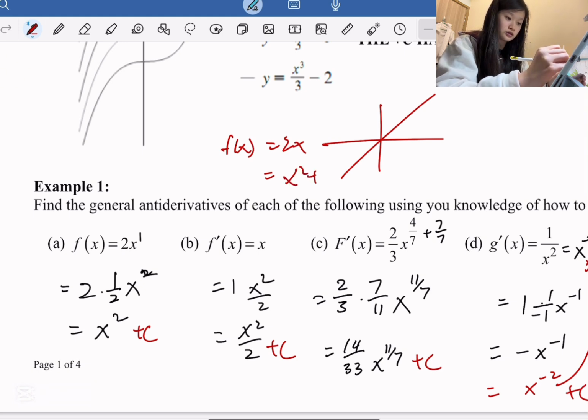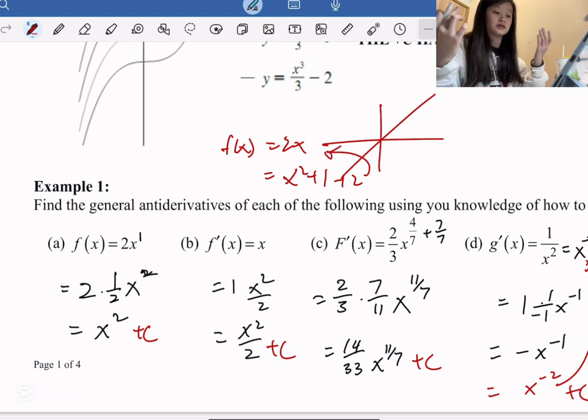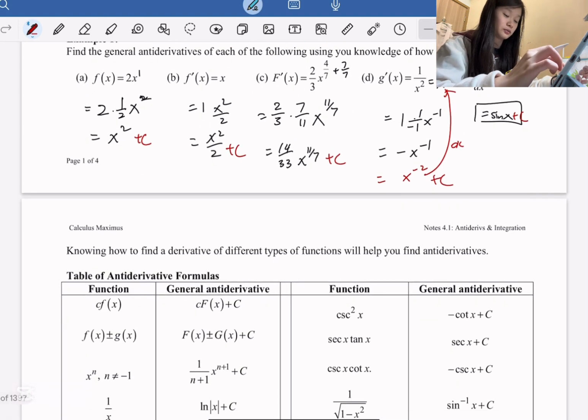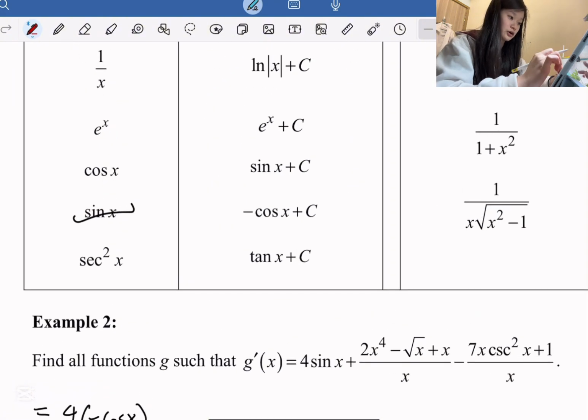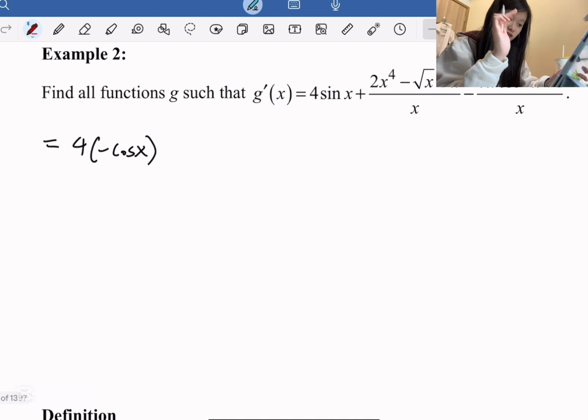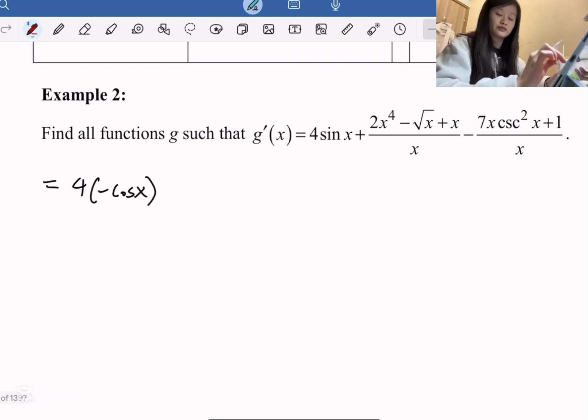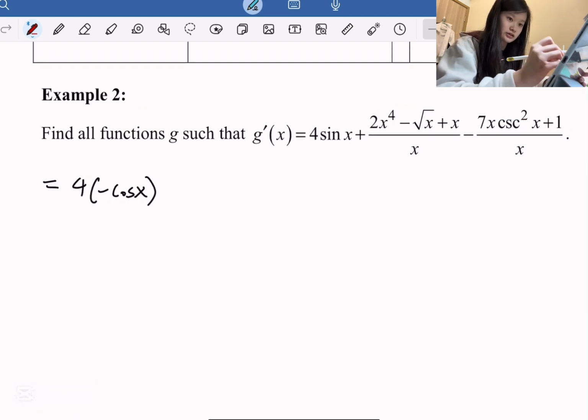So x squared plus 1 plus 2, whatever, it's also equal to 2x. So the c is just a constant. And forgive me, I forgot about that until now. So anyways, as I was saying, the antiderivative of sine x is negative cosine x plus c. I can't believe I forgot that, but alright, anyways, continuing on.